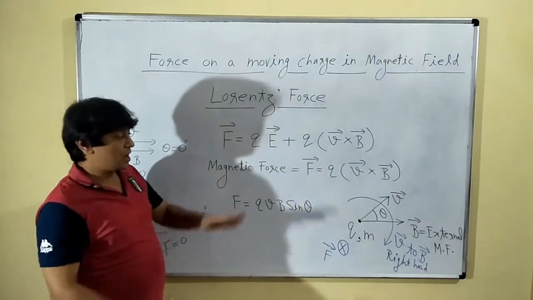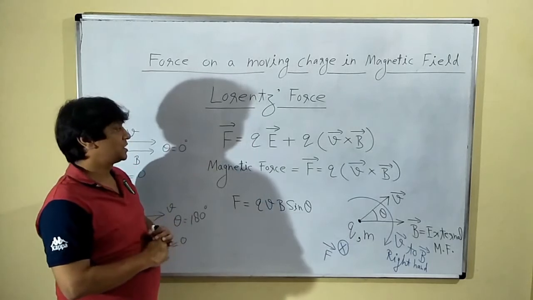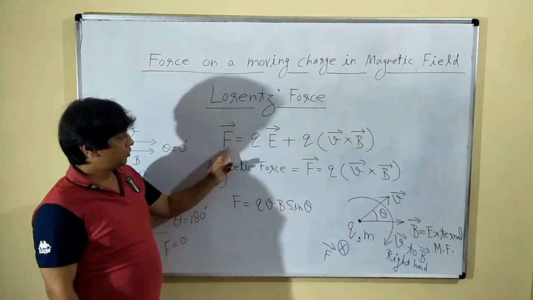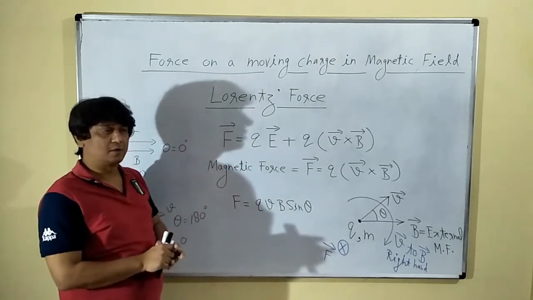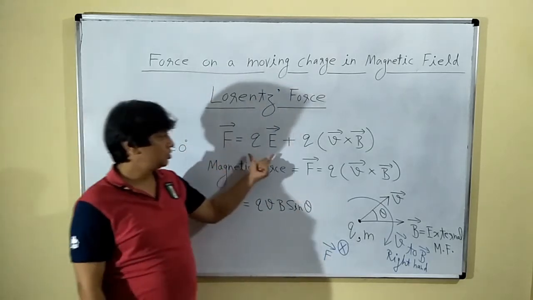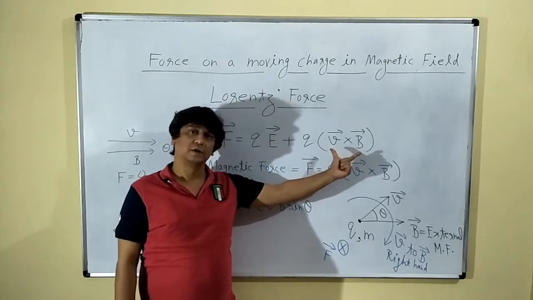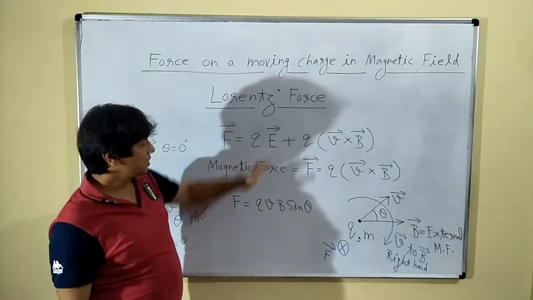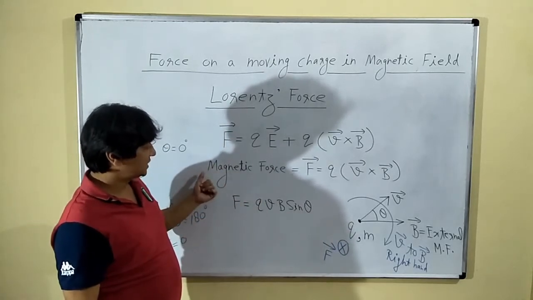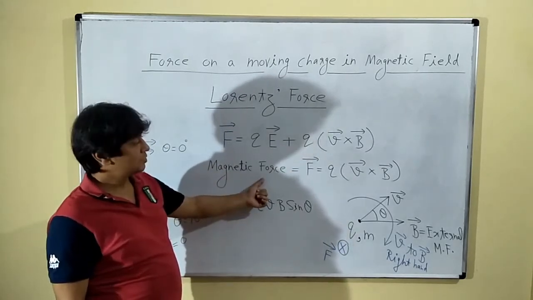तो अभी तक की जो कहानी है उसमें आपको क्या क्या चीजें याद रखनी है. Force, if both electric field and magnetic field are present, is given by QE plus Q times V cross B. इस चीज को हम देख चुके हैं इलेक्ट्रो में, इसलिए हमने इसको हटा दिया. So in this chapter we are interested in the magnetic force.